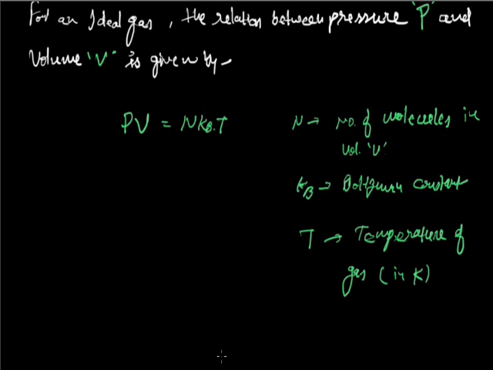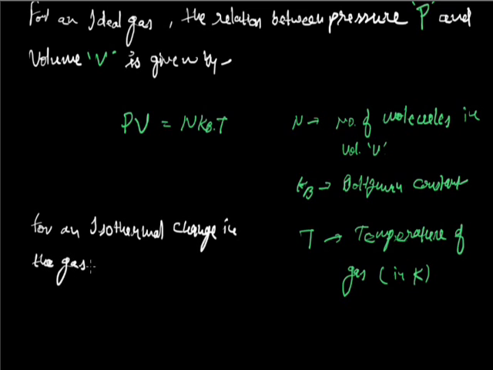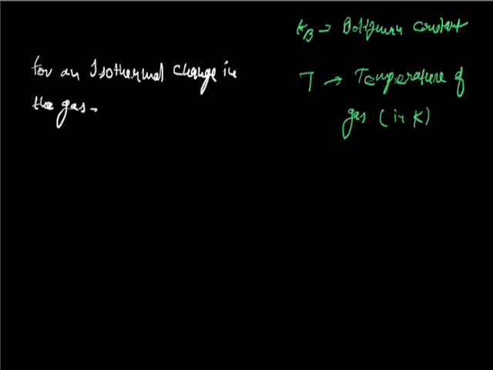For an isothermal change in the gas, we can write here B delta P plus P delta V equals to 0.